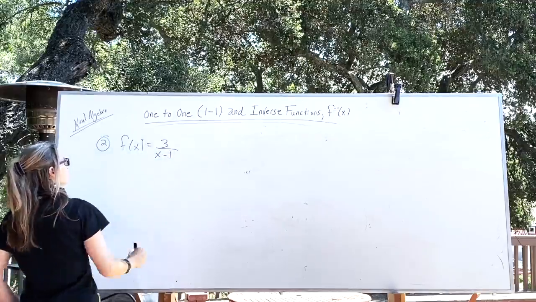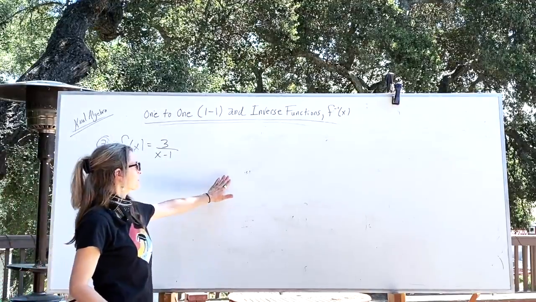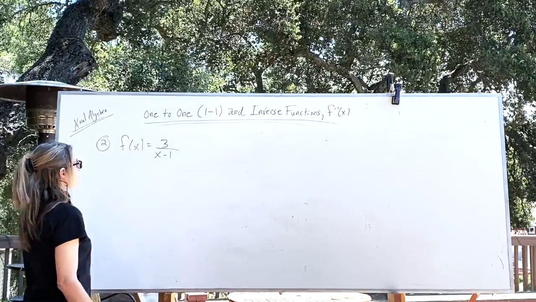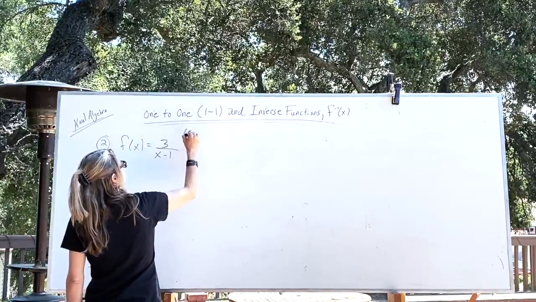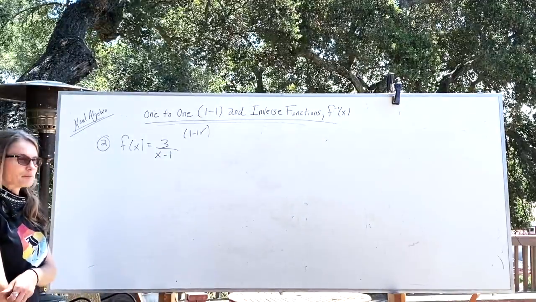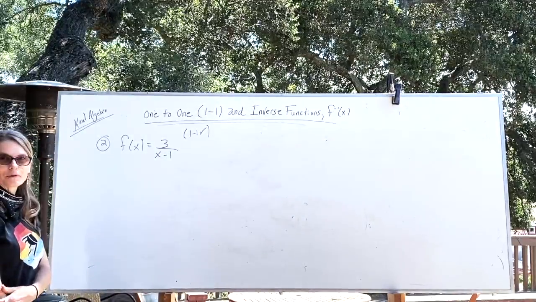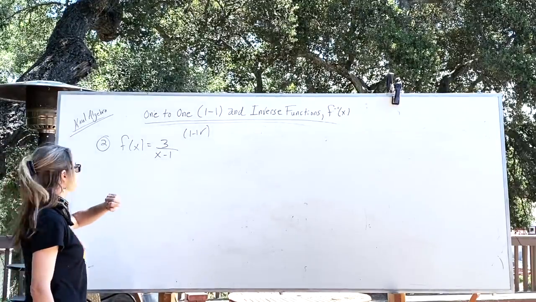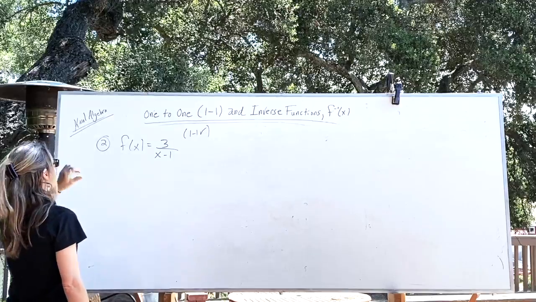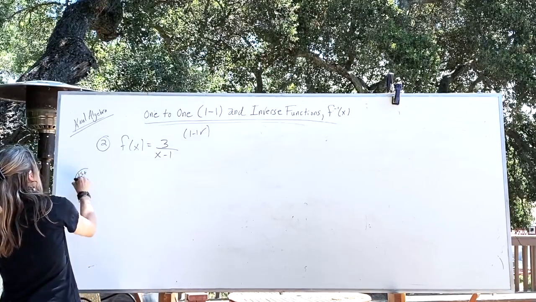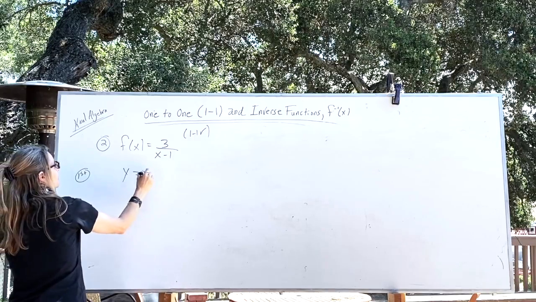x minus 1. I had that earlier up on our examples of functions that are one-to-one. So you confirm here this is a one-to-one function. A little hard to see, but we'll be able to know whether it is one-to-one when we graph it. Now for the first step, what we want to do again is set this equal to y.